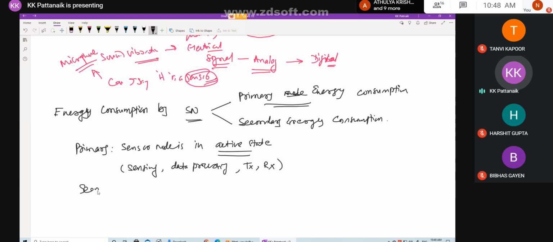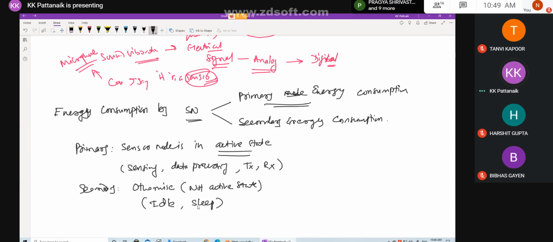And in secondary mode, which means otherwise, the non-active state, not active state. In the not active state, it can be idle. Either the sensor node is idle or in sleep state. It can be in idle state or sleep state.